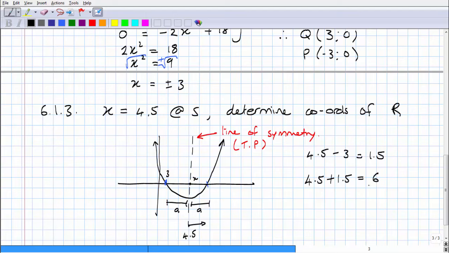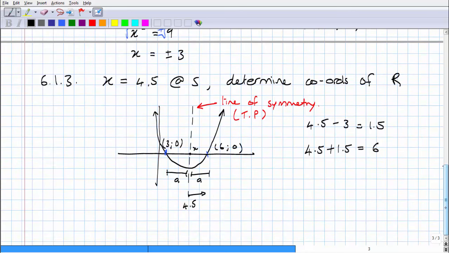So that tells us that while this point is 3, 0, this point must be 6, 0. So now we know what that point is, and point R is sitting at 6, 0. Now once again, you could also have worked out the equation and calculated all that, but there's no need if it's just for 2 marks.